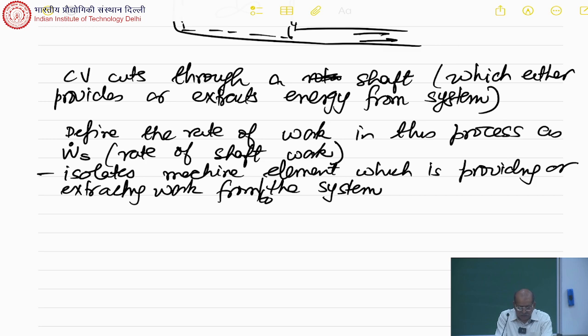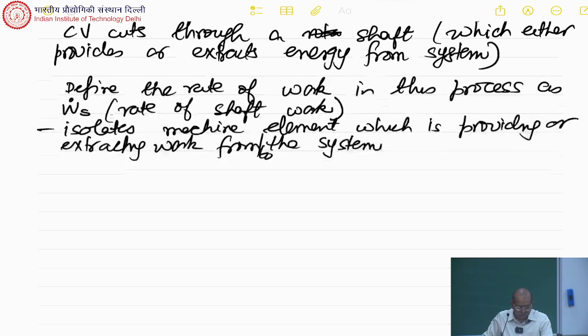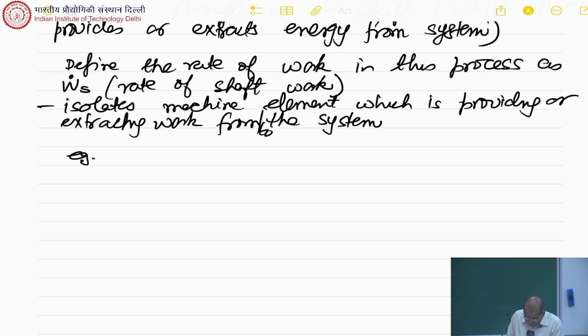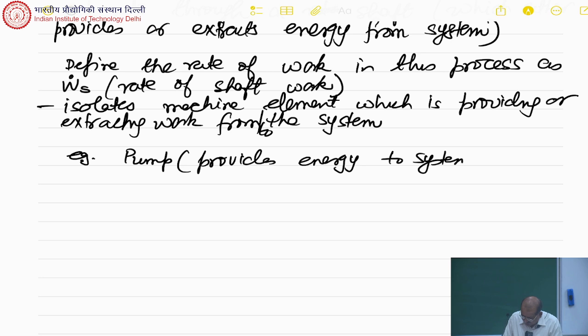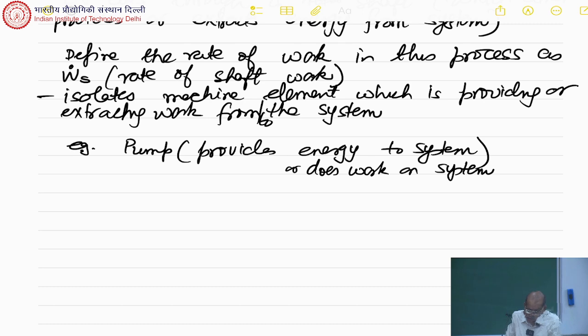And here we gave some examples. Example was, if there is a pump, it provides energy to the system, or does work on the system. In this case, W dot pump, because this is work done to the system, will be negative.